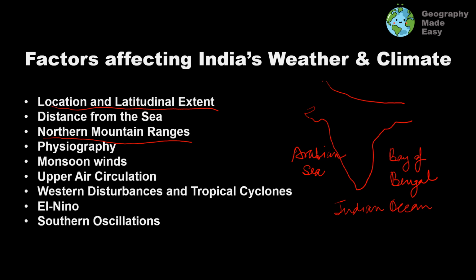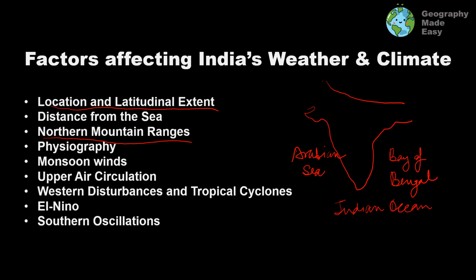These mountains protect India from the bitter cold and dry winds of Central Asia. India would otherwise have been very cold during the cold season, but the Himalayas act as a barrier which prevents the cold air of Central Asia from coming into the Indian subcontinent.